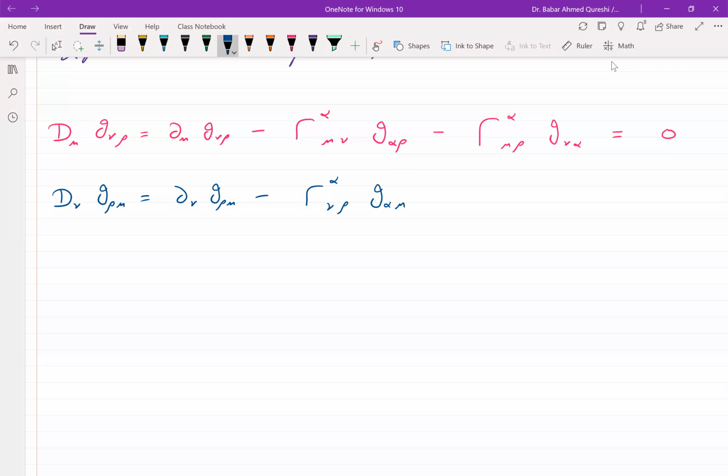Is this okay? Because I replaced mu by nu, rho by mu, and nu by rho. I'm just comparing over here. So this is fine. Over here, I have to replace mu by nu, rho by mu, and nu by rho. Fine.